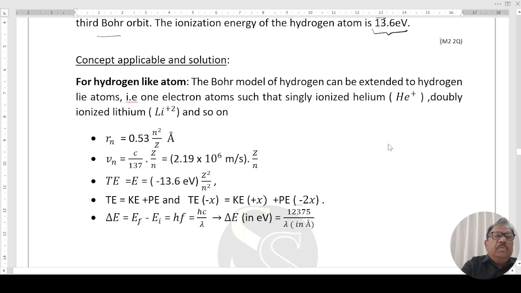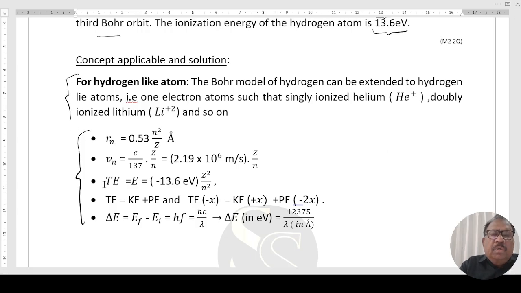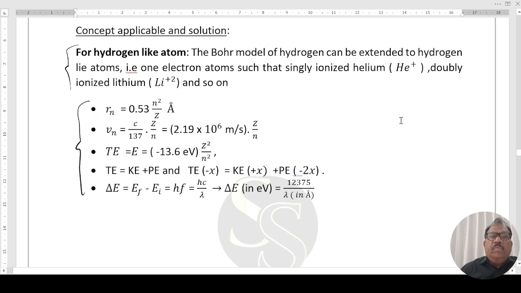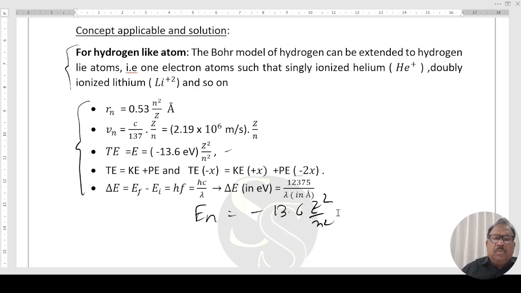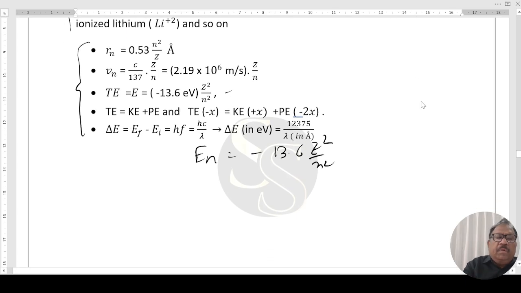For hydrogen-like atoms, these are the formulas applicable. We have to introduce Z also in this case. Z is atomic number. Now, energy is given by this formula. En equal to minus 13.6 Z square by n square. Case 1.